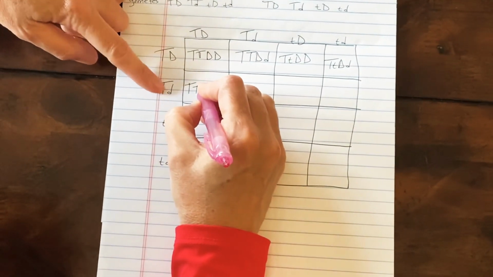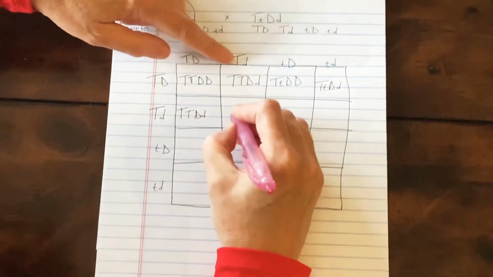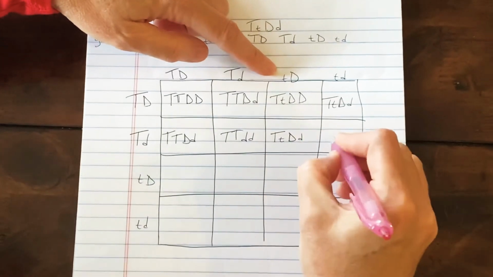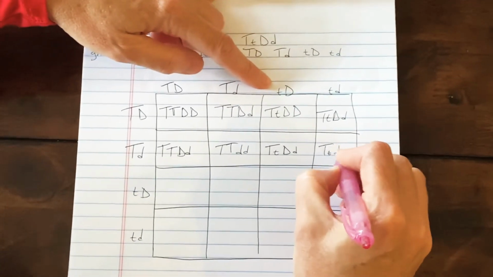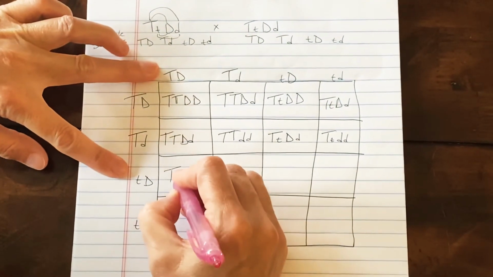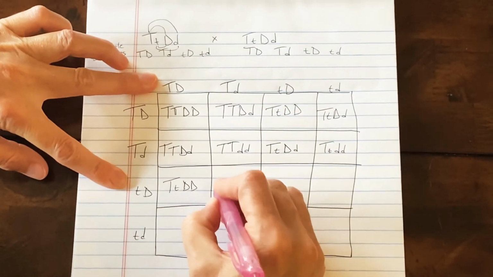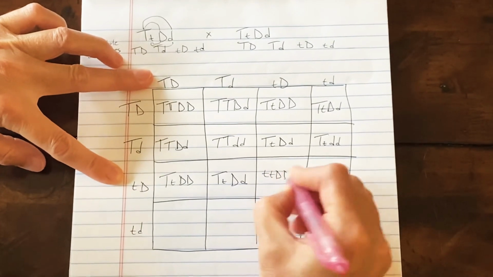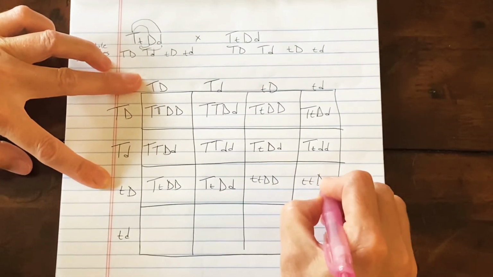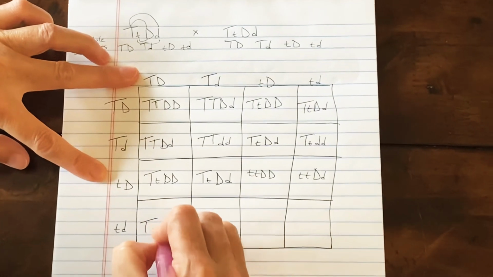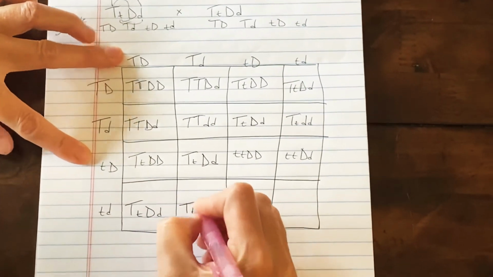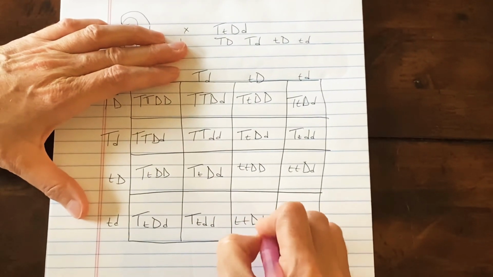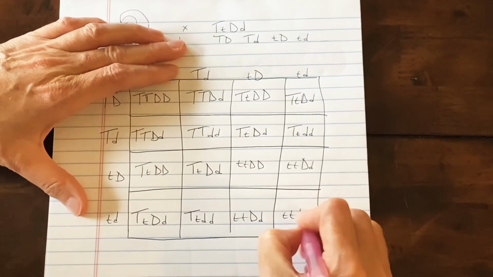You can probably fast forward through this. Be careful not to make a mistake here, otherwise your ratios will be off.